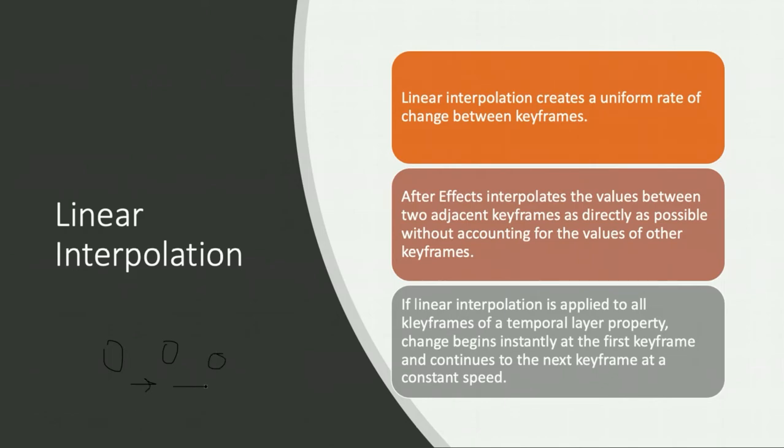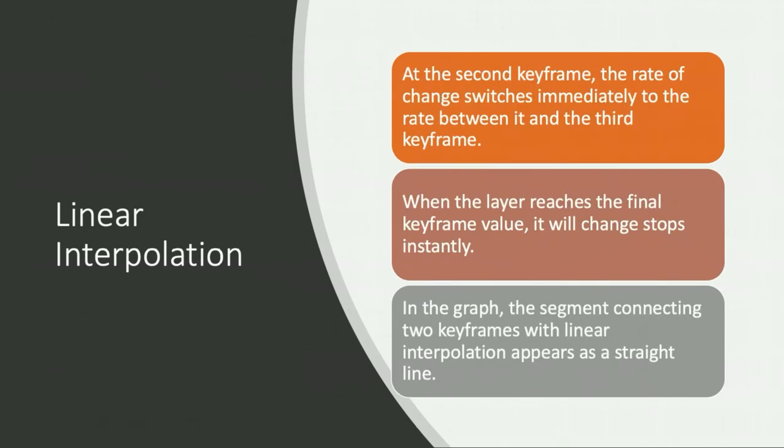Especially if you set it from the beginning. At the second keyframe, the rate of change switches immediately to the rate between it and the third keyframe. When the layer reaches the final keyframe value, the change stops instantly.